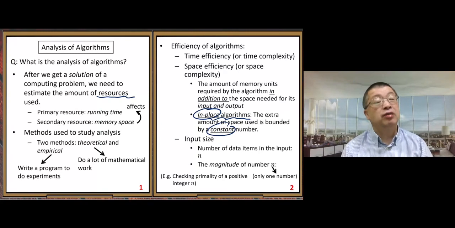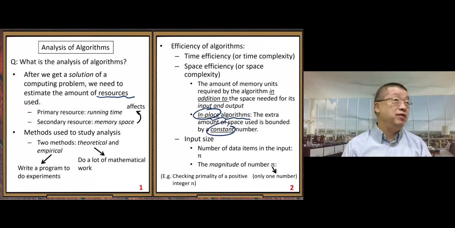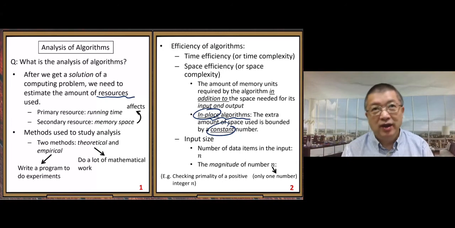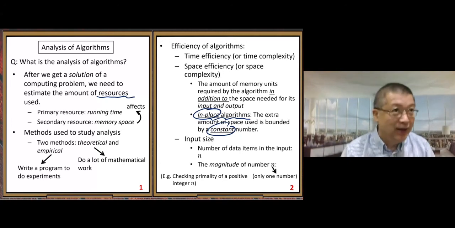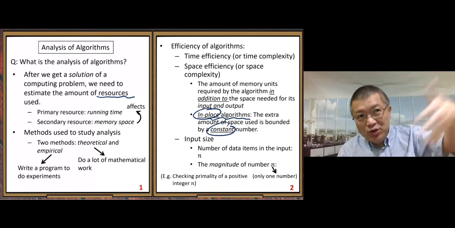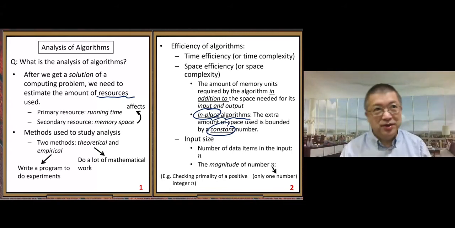If it's an even number, it's easy, right? But if it's an odd number, a non-trivial odd number, because if it's a multiple of 5, it's also easy, right? Some non-trivial odd numbers, now it is extremely hard.